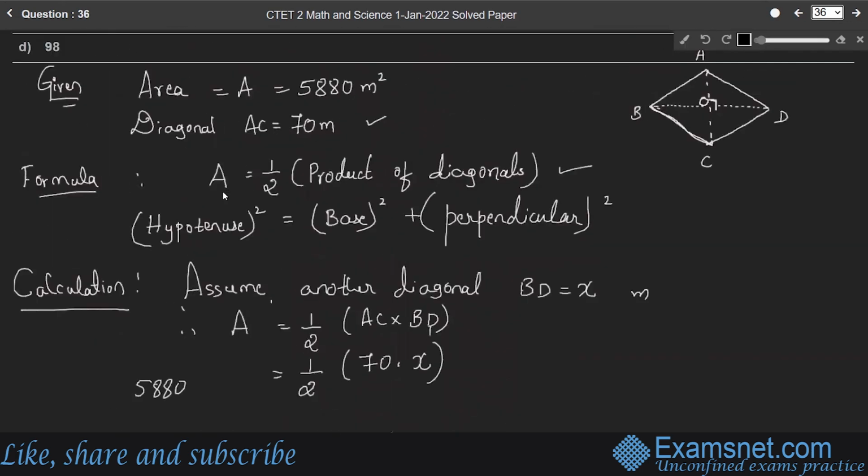Therefore, what is the hypotenuse? The side of the field. This side is 91 meters.